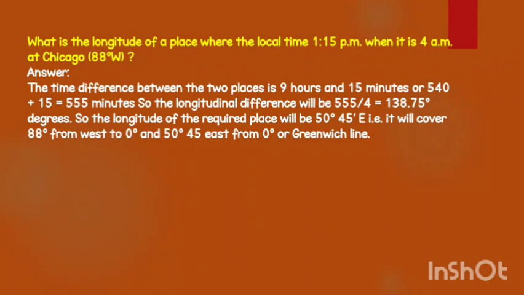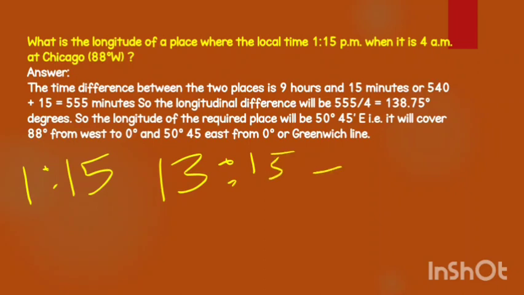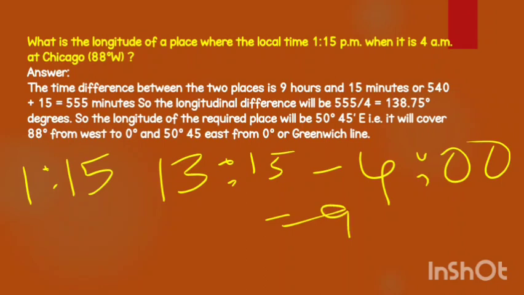Okay, next, what is the longitude of a place where the local time is 1:15 p.m. when it is 4 a.m. at Chicago, 88 degree west. Okay, the time difference between the two places is 9 hours 15 minutes. 1:15 p.m. means 13:15 minus 4, that is 9 hours 15 minutes. 9 hours 15 minutes means 540 plus 15 minutes, then 555 minutes.